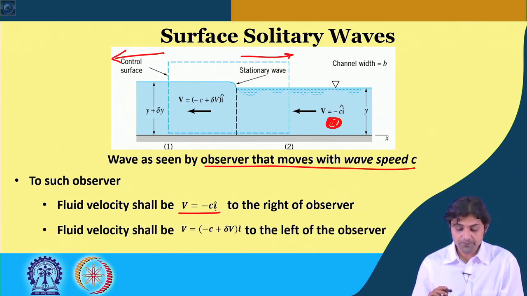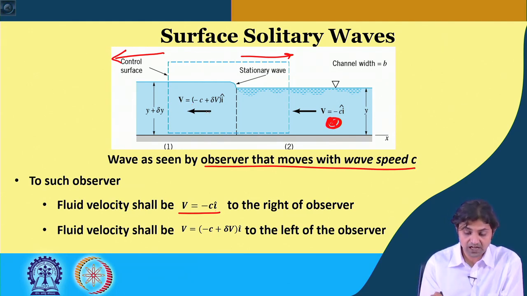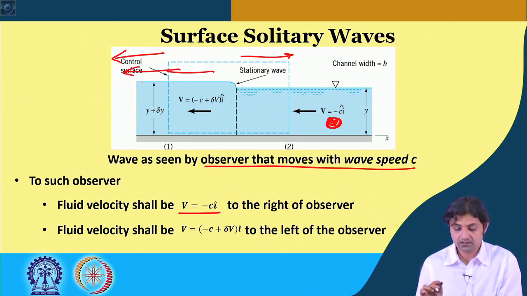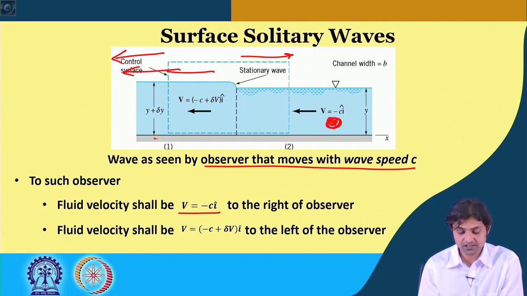Now, to him the fluid velocity here outside to the left, as I indicated, will be different, because in reality this side is moving with delta v and he himself is moving with speed c.